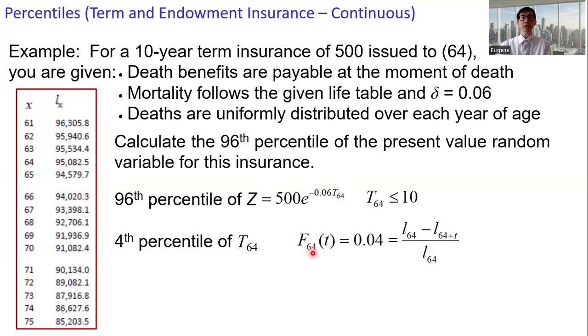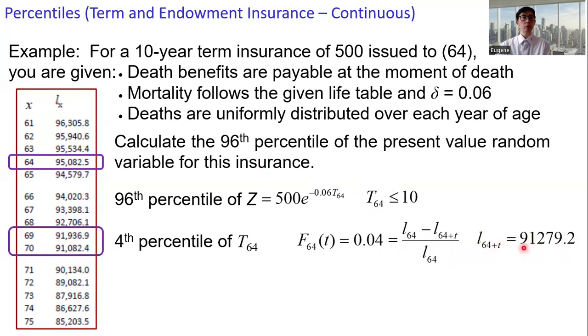the CDF of T64 equals L64 minus L64 plus T, over L64. And we get L64 here, and we can solve for L64 plus T, which is this value.